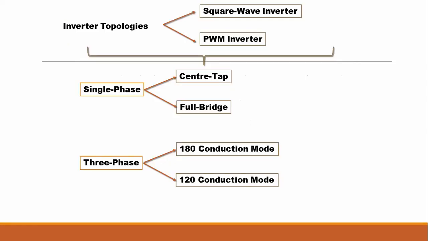Inverters can be classified into square wave inverters or PWM inverters. Further, there are single phase inverters and three phase inverters. In single phase, we have the center tap inverter and full bridge inverter. In three phase, we have the 180-degree conduction mode inverter and the 120-degree conduction mode.